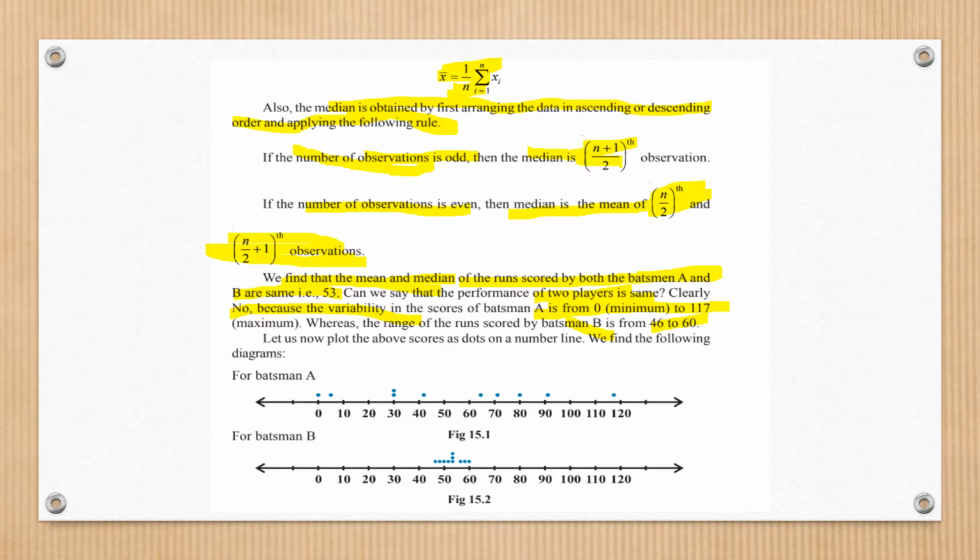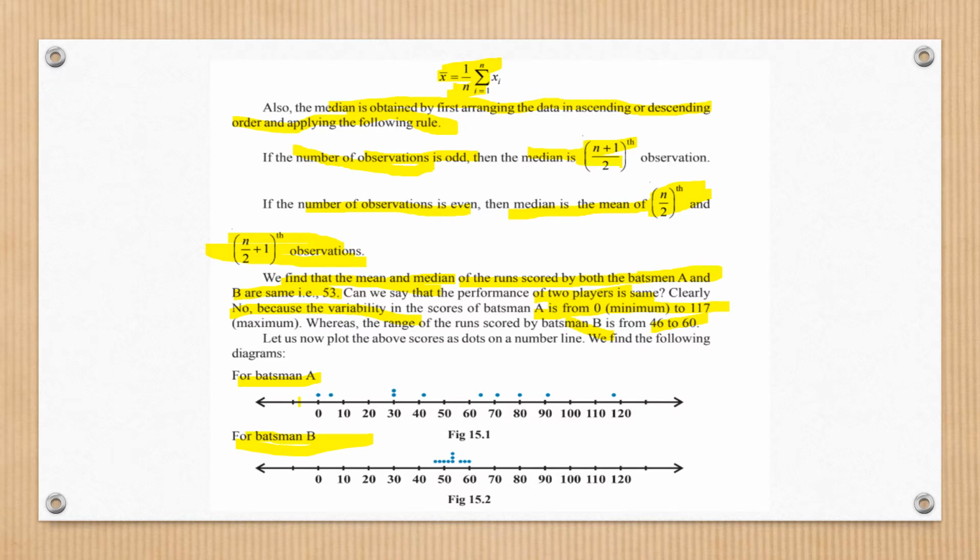So let us now plot the above scores as dots on a number line, right? So this is your number line and these blue dots are depicting the scores of the two batsmen, right? This is for batsman A and this is for batsman B. Now observe it.